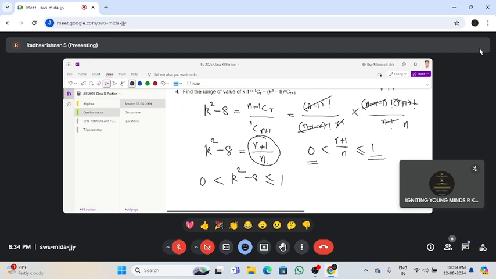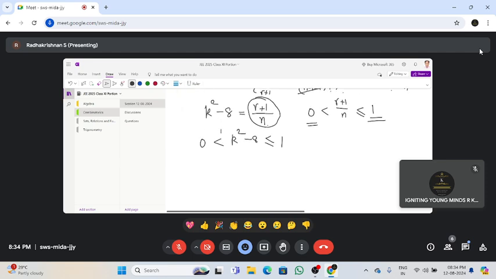You add 8 first on both sides. When we take square root, we should consider plus or minus both values.